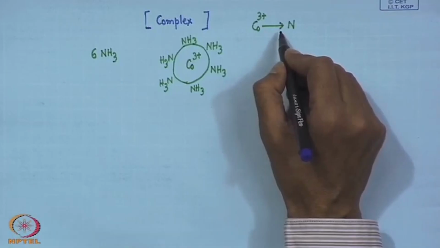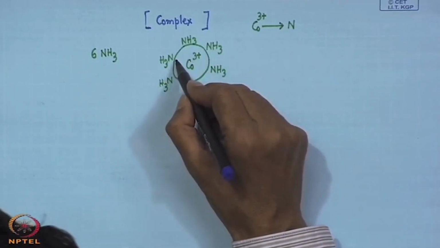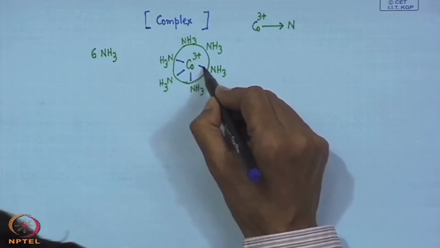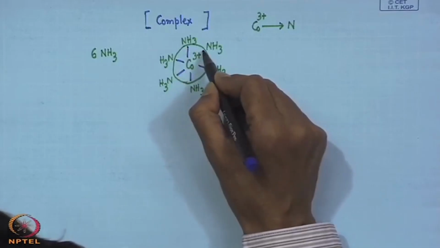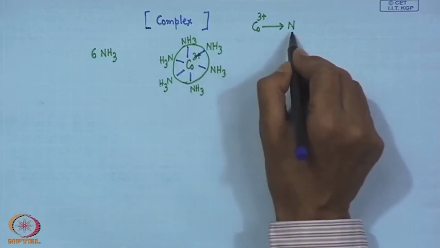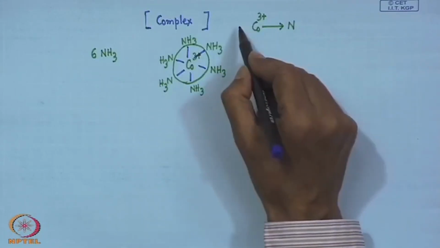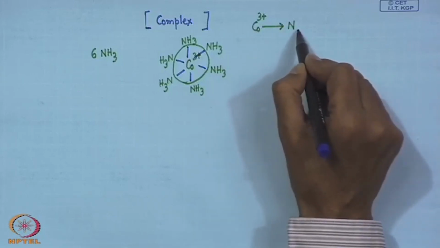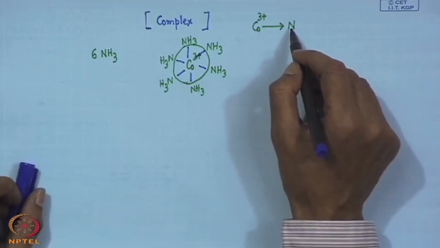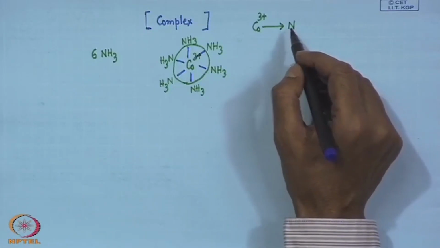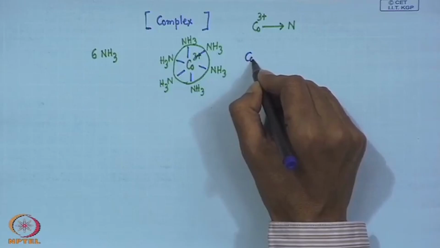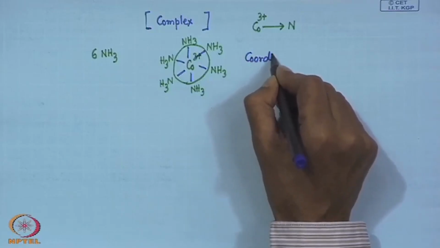We think that all the 6 ammonia molecules are interacting with the cobalt center, so all of them are forming this cobalt nitrogen bond. So, we have 6 such cobalt nitrogen groups, and thus we can have 6 cobalt nitrogen bonds. So, we have the coordination sphere.